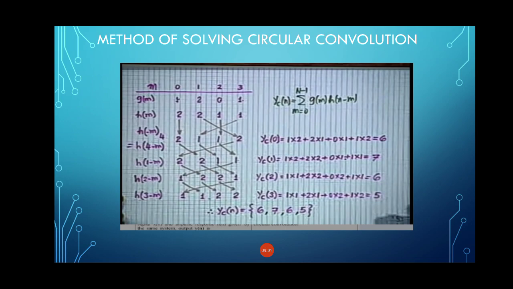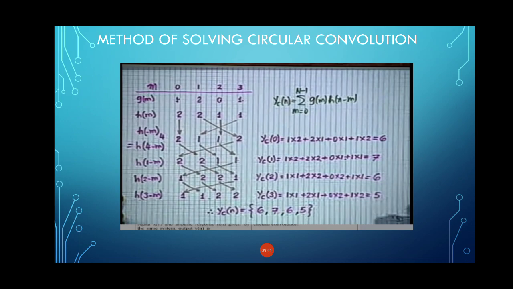We bring back the last component, that is h of 3 for h of minus m modulus 4, to the first position for h of (1 minus m) modulus 4. That means we make a circular shift to find h of (1 minus m) modulus 4. So the pattern of circular shift is shown. Similarly, we can multiply each of the components and add them to find yc of 1 as 7.